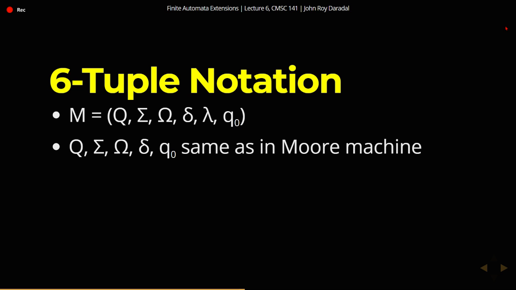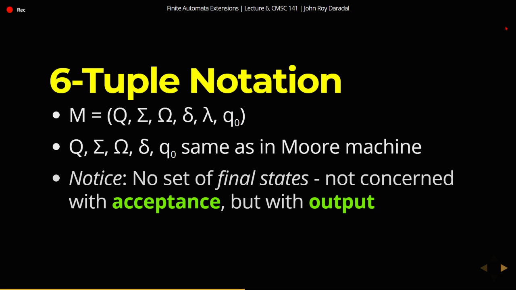In fact, the Q, sigma, omega, delta, and Q sub 0 are the same as in the Moore machine. The only thing that would be different is your lambda, which is your output function. Because in the Moore machine, your output is associated with the states, but here it's associated with the transition. Again, you will notice that there is no set of final states F because we're still not concerned with acceptance, but with printing output instead.